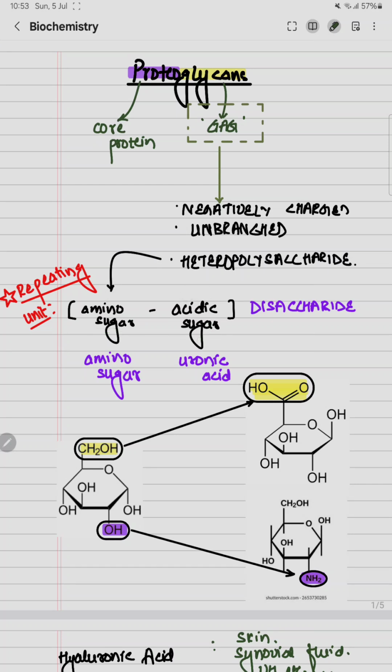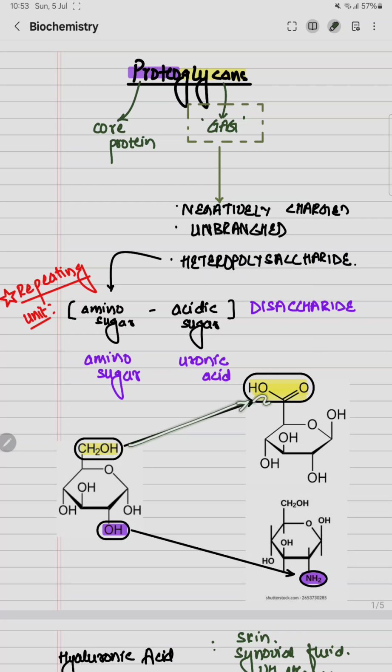Let's take this example. This is your cyclic structure of glucose. Now, if you pay attention, this hydroxyl group is replaced by an amino group. So this becomes glucosamine. Similarly, your galactose yields galactosamine. Now here, to this methyl group, there is a hydroxyl group that is attached.